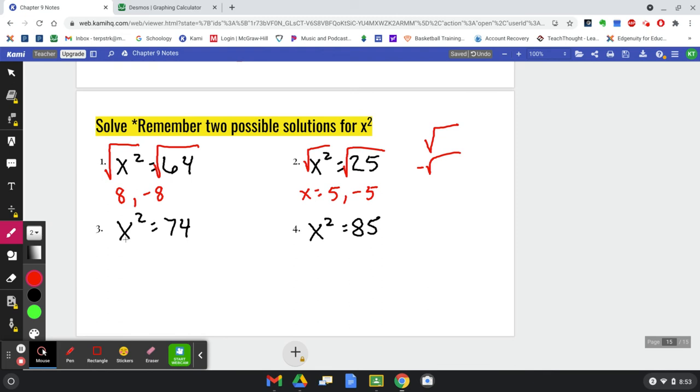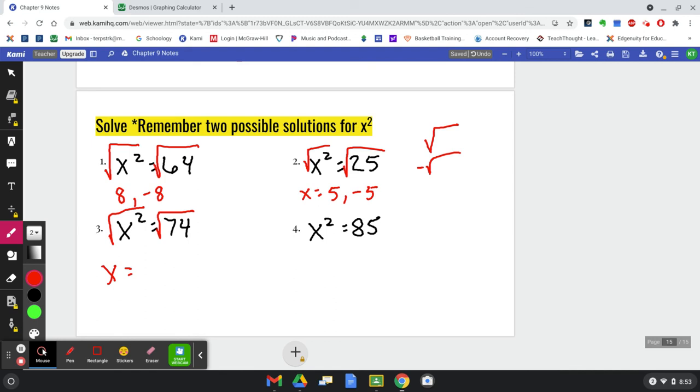Now, when it's not a perfect square, where I recognize it and I square root, I'm going to have to use my calculator. And I should know that the square root of 74 is between 64 and 81, which would be 9. So it's between 8 and 9. So it should be 8 point something.